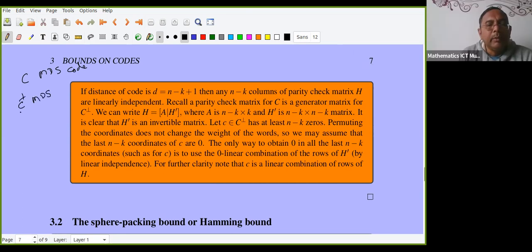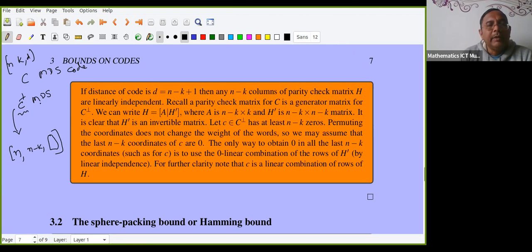To prove that, we know the parameters already. This is an [n, k, d] code, right? Then for C perp, there is no change in n, the length is still n, but the dimension is n minus k, correct? Now what is d?